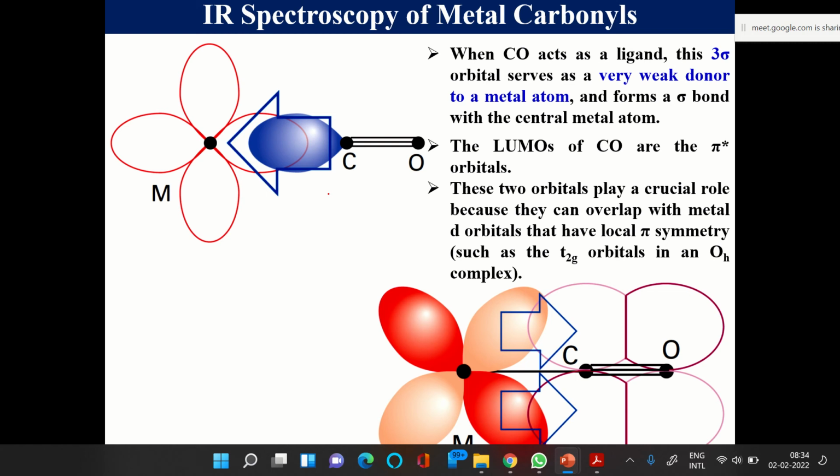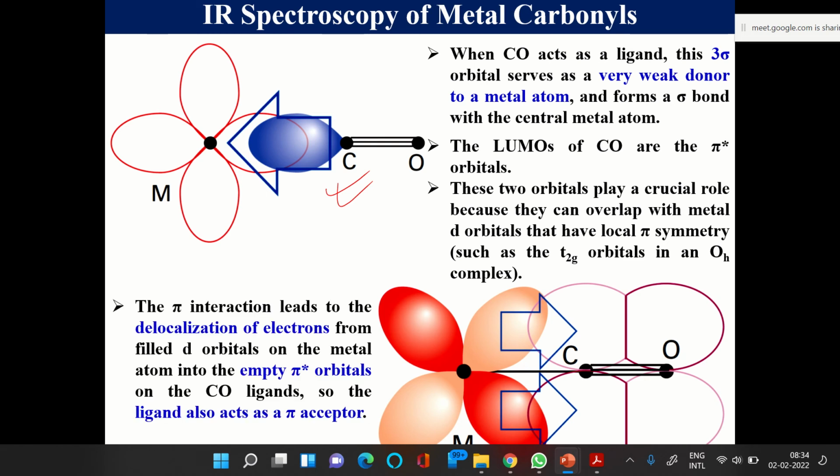So primarily, the first thing that happens is donation from CO to the vacant orbital of the metal, and then from filled metal orbitals to the CO pi star orbital. Okay, so this is what you will find happening. The pi interaction leads to delocalization of electrons.